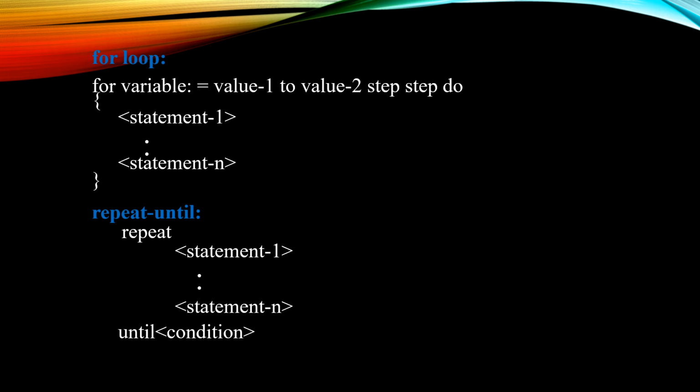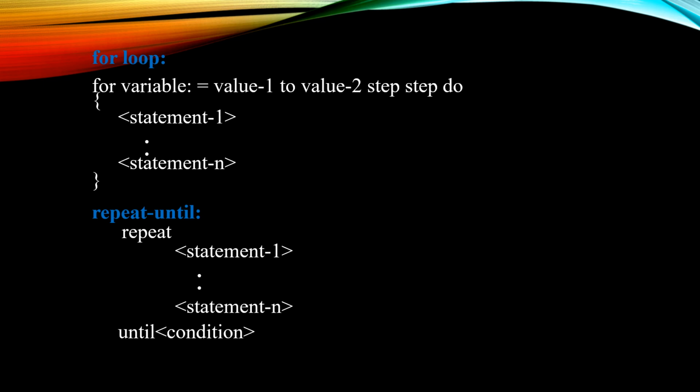Value 1 is the initial value and value 2 the final value. Step and to are keywords. Then statement 1 up to statement n. Here also the set of statements is repeatedly executed until some condition is satisfied.